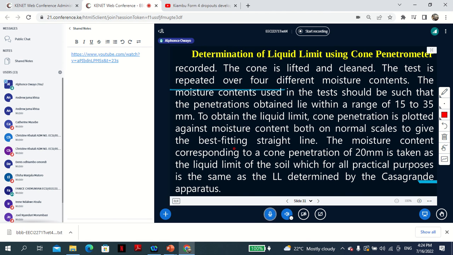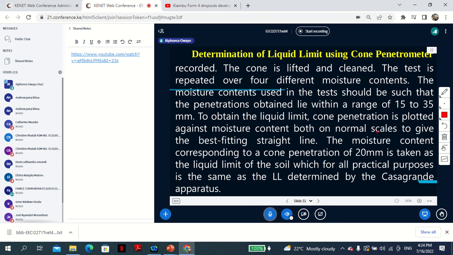But in practice there are also standard curves. You don't need to worry about the kind of curve, because there are standard curves, empty curves. You can just obtain one, plot and present your results.